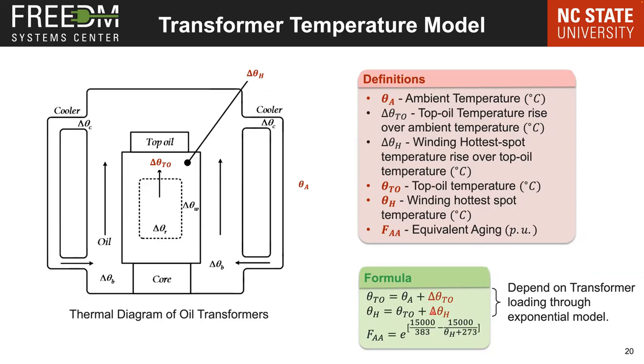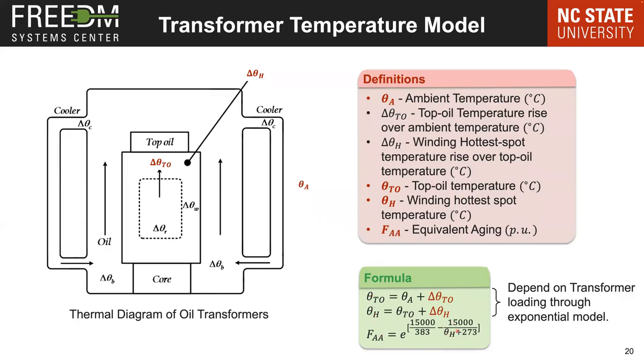So we are not showing those formulas here, but you can refer to the standard or a paper for the complete model of these temperatures. But the basic idea here is that both loading as well as the ambient temperature are going to affect the top oil and the hottest spot winding temperatures.